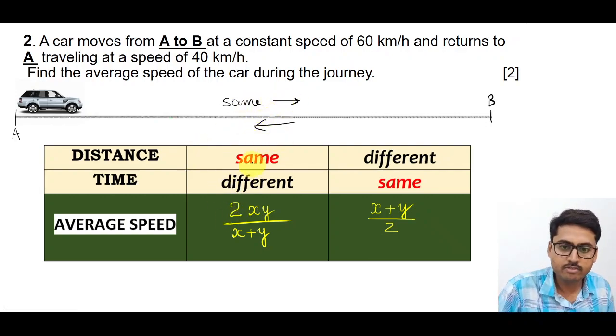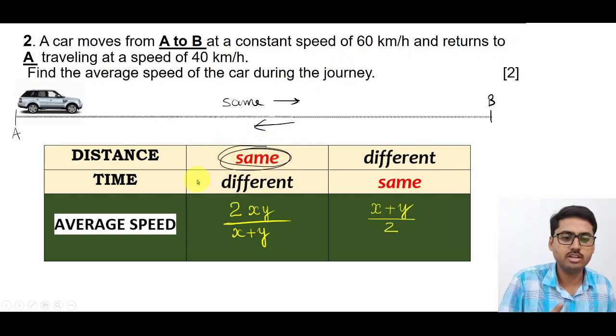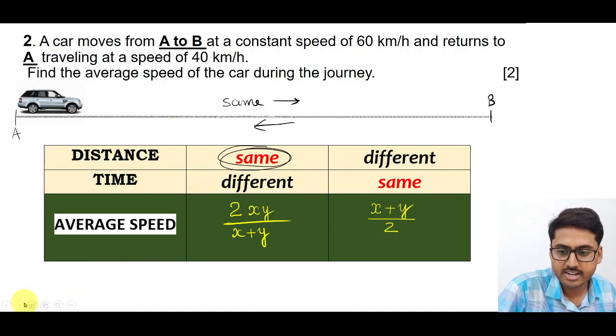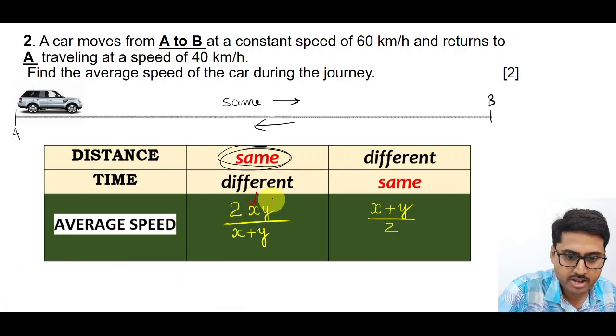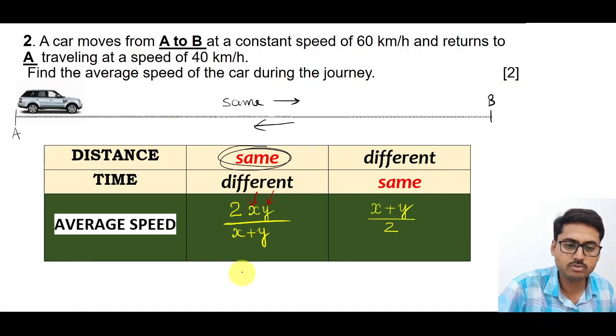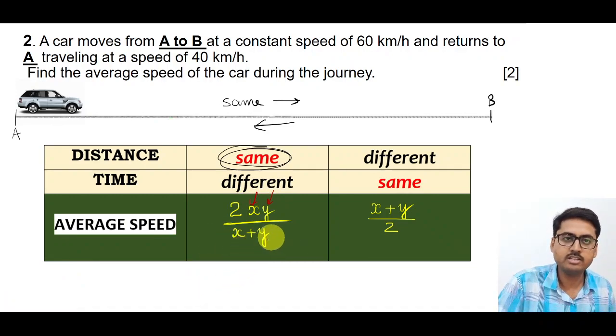So when you have the same distance covered in the two time intervals, then we can directly use the formula of speed as 2xy divided by x plus y, where x and y are the speeds while going and returning in the two intervals.